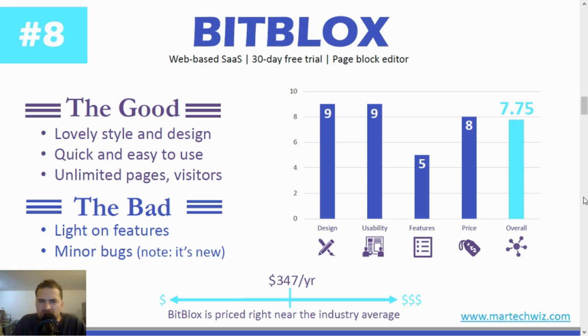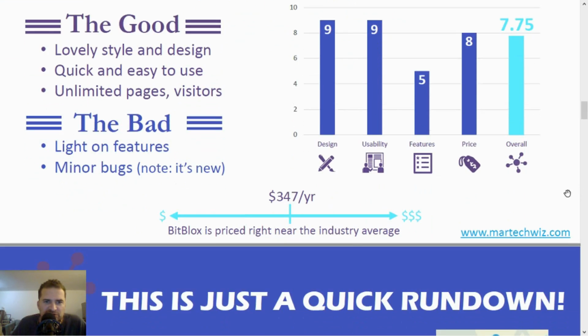No deal breakers, but you're not going to find everything that you want, and you can go into our in-depth reviews to know exactly what they're missing. We did see some minor bugs too. Give them a little bit of leeway because it's new, but we would like to see them cleaned up over the next year. So BitBlox is priced at $347 for the lowest paid plan, which is basically smack in the middle, so averagely priced.